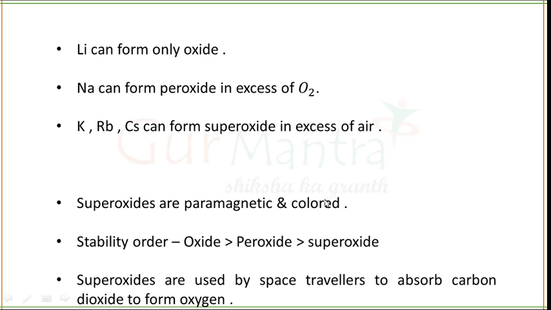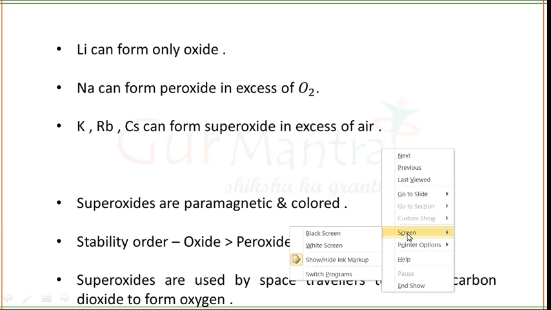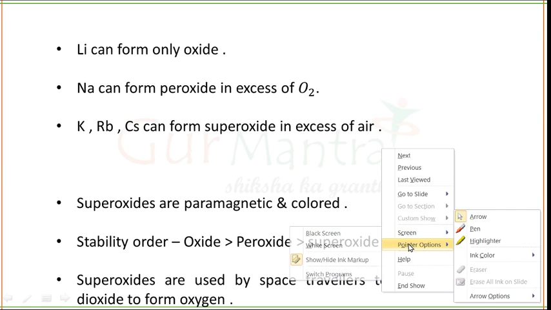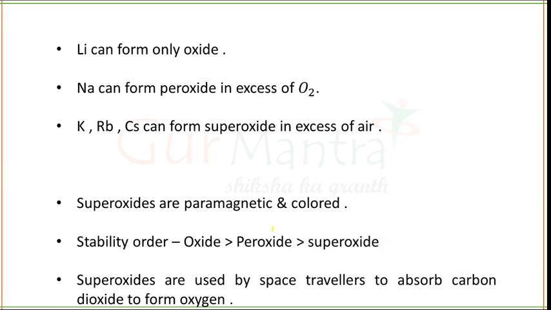Superoxides are paramagnetic and colored, and the stability order for the oxides, peroxide and superoxide is that the stability of oxide is maximum and superoxide is minimum. And superoxides are used by space travelers because superoxides can absorb carbon dioxide and release oxygen.